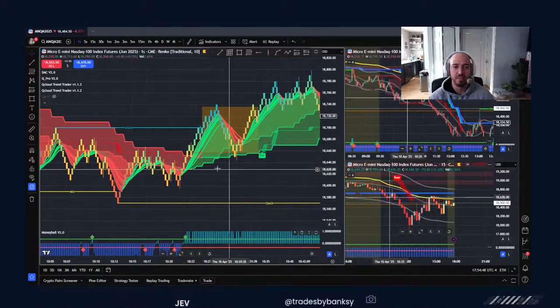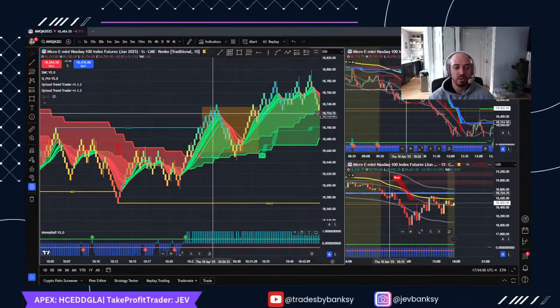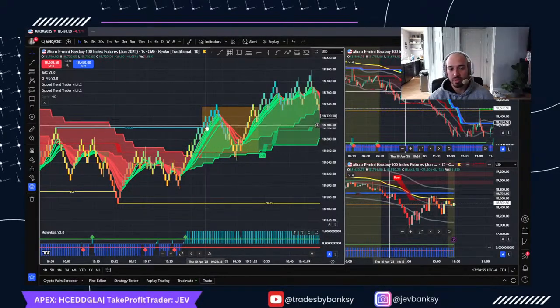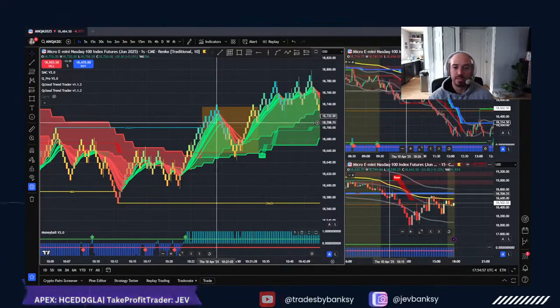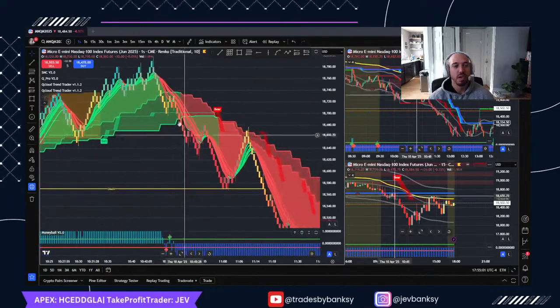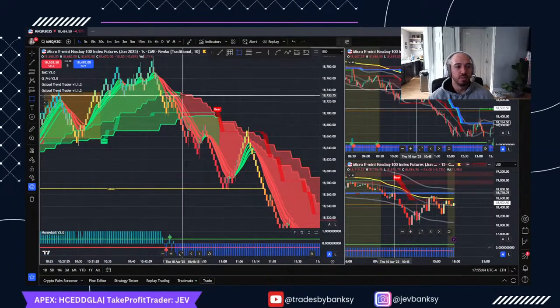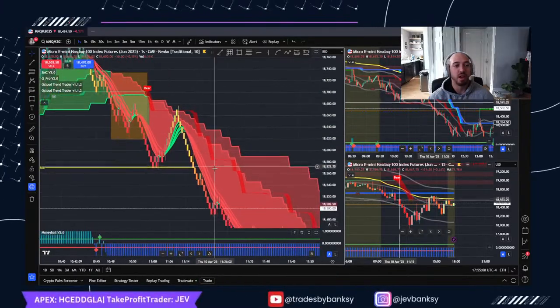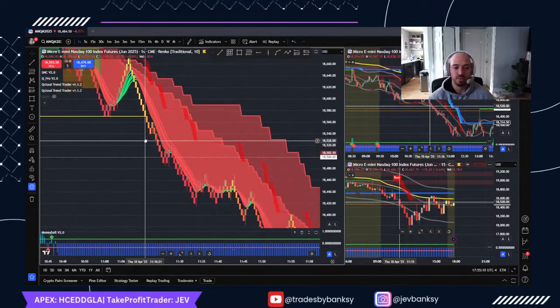So this would be an example of waiting out all of this noise and some small loss or break even trades, and just staying out of that. Go for everything that's green. And similarly here, although we have mostly red, the ribbon turns red, everything turns red. So now this is where we're looking for sells mostly.